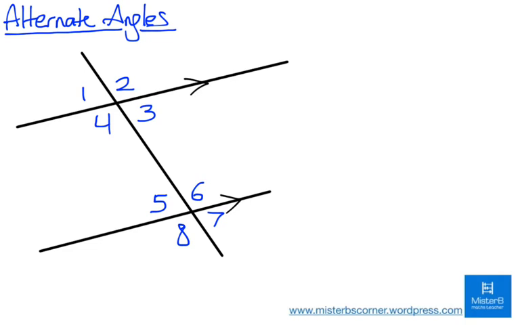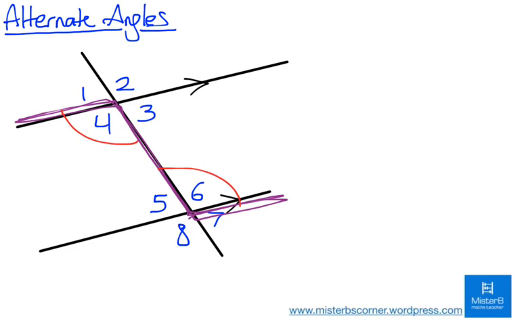Now, we know that these two lines are parallel, so we sort of have a Z shape here, like these angles inside the Z shape. Now we call these angles alternate angles, right?